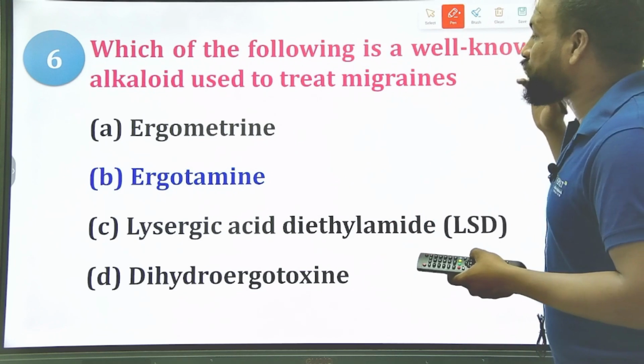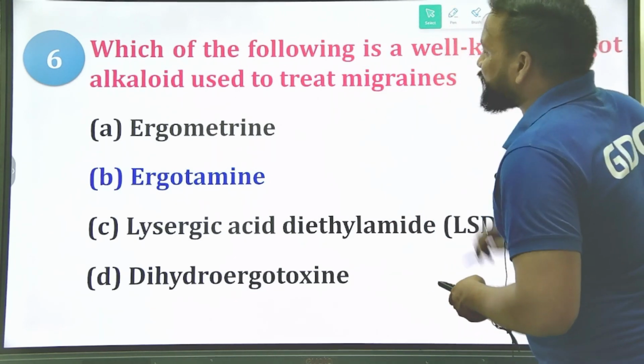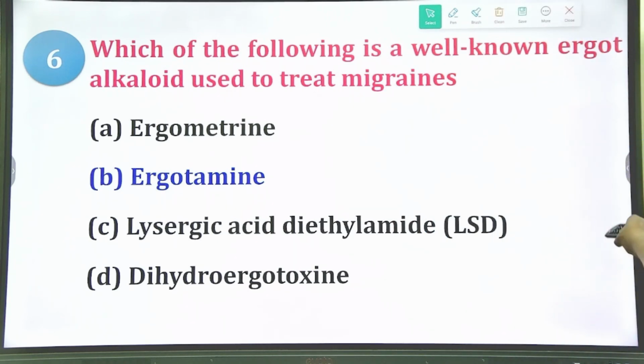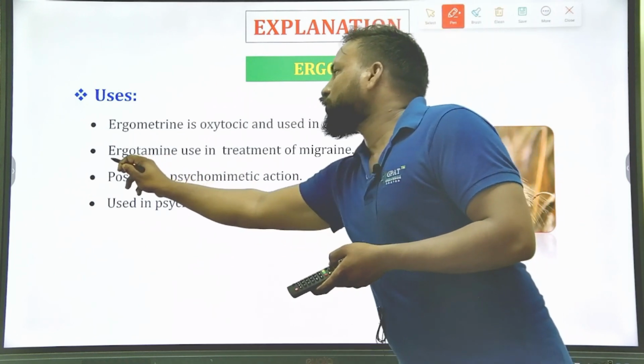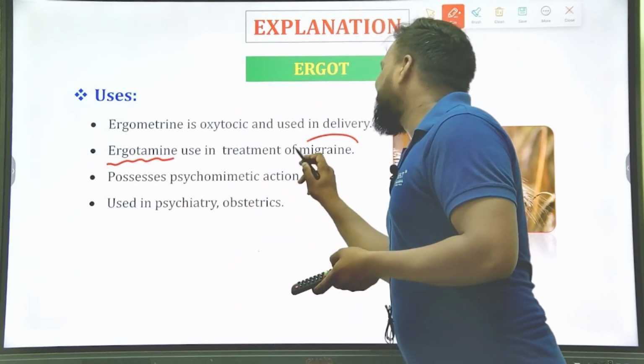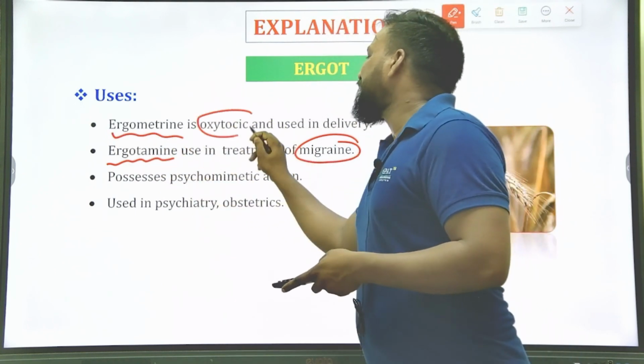migraine. Okay, so moving to the next question. I'll show you the explanation also. Let us see the explanation. Generally, ergotamine is used in migraine, whereas ergometrine is used as an oxytocic.